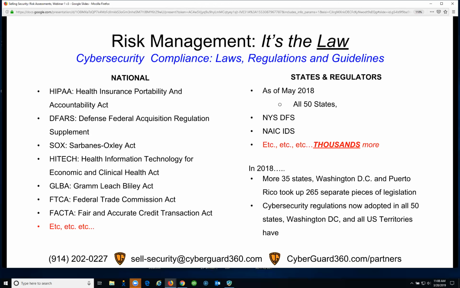Again, businesses don't think about that aspect of it because there's no teeth behind it. The states aren't coming in and auditing. It's not until those regulations push down to bodies of enforcement. So again, coming back to New York State Department of Financial Services, when they enacted 23 NYCRR 500, which is the cybersecurity regulation of New York State from the Department of Financial Services, they also installed a panel of cybersecurity auditors.